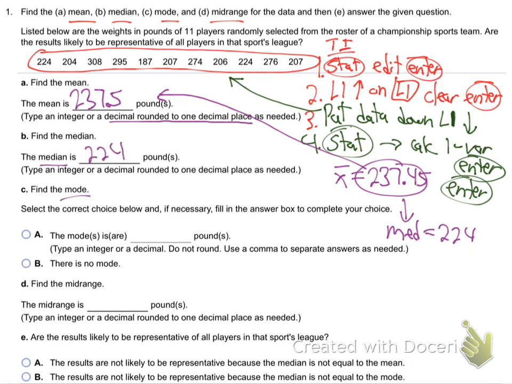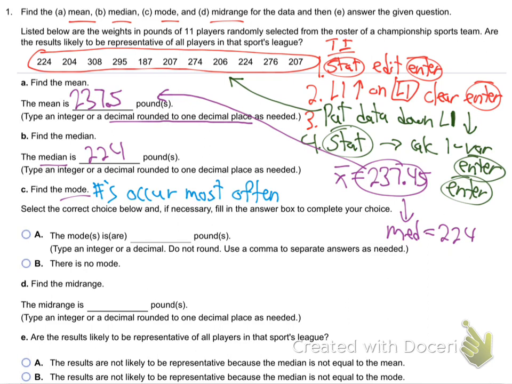Now mode. We're going to do the mode on our own, because our calculator will not tell us that. Mode means the numbers that occur most often, most frequently. So is there any repeated numbers, in other words?